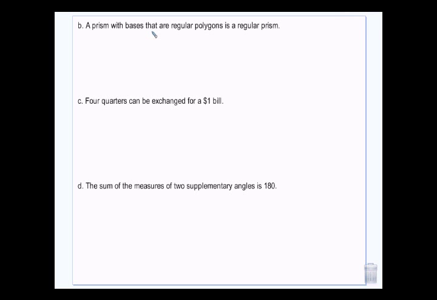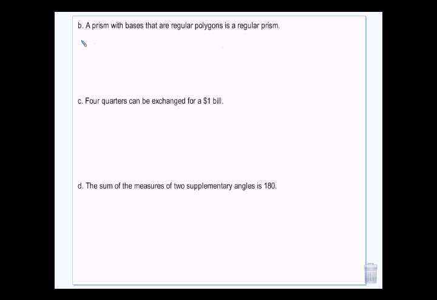A prism with bases that are regular polygons is a regular prism. Which is the condition? You have to have regular polygons to be a regular prism, right?